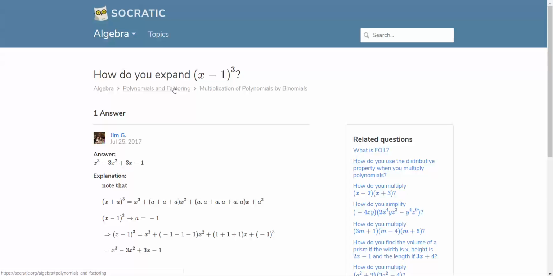plus 3 times 1 over x, and then minus 1, and then for the other side you will have 1 over x plus 1. So in this case you'll have 1 over x cubed minus 3 times 1 over x squared plus 3 times 1 over x minus 1.